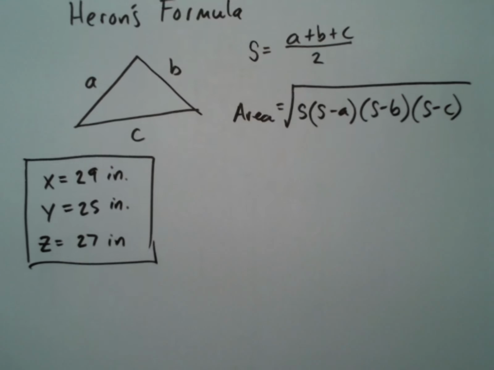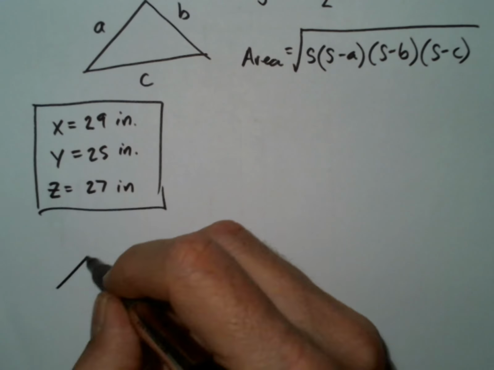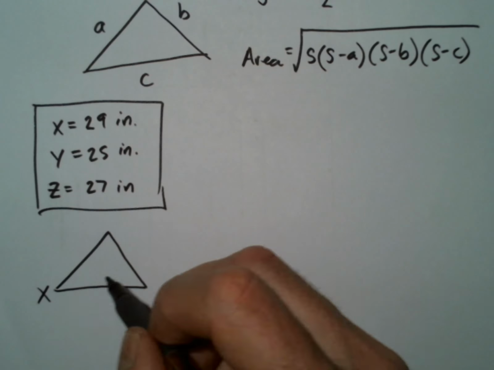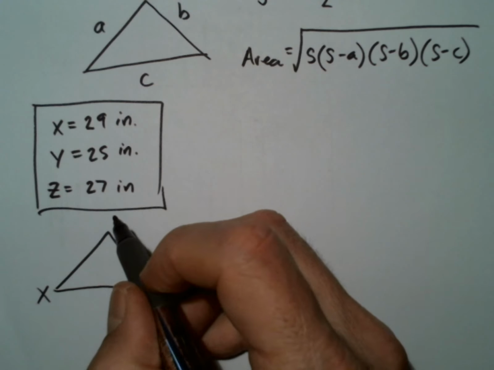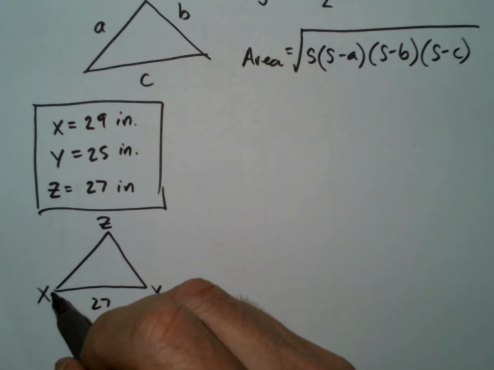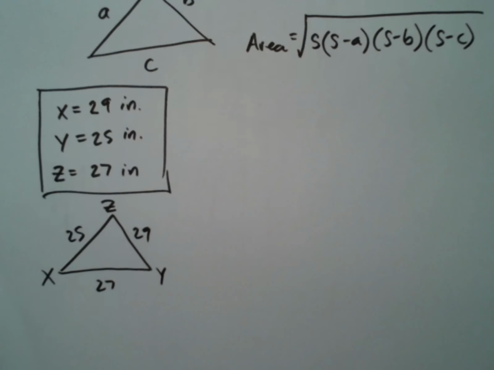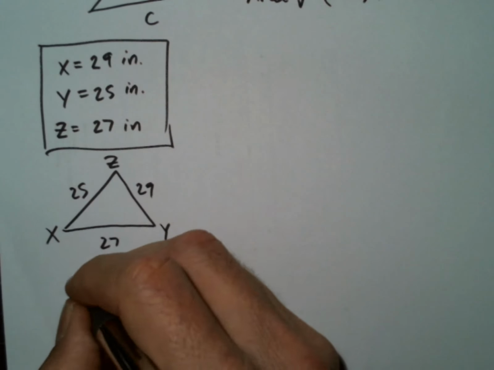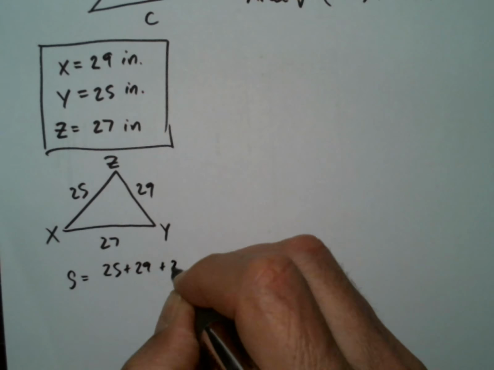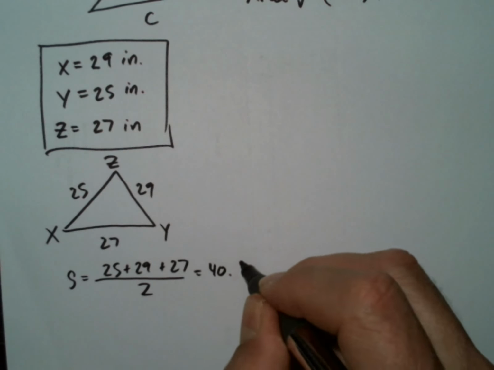So if we have a triangle with these dimensions, finding the area requires Heron's formula, and we'll have x, y, z. Side z is 27, side x is 29, side y is 25. We find the semi-perimeter: 25 plus 29 plus 27 over 2, which is 40.5.